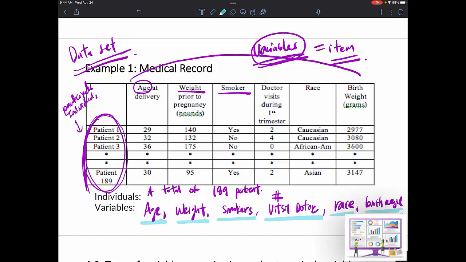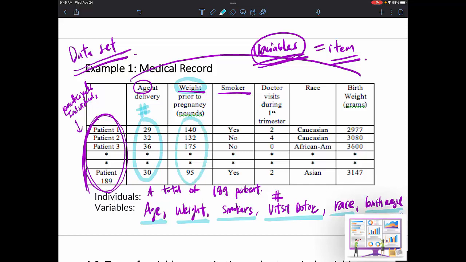Let me hold up for a second. When you describe age, it's a number, right? The pregnant woman is 29 years old and she gave birth. Patient number 2 was 32 years old when she gave birth. So the age, definitely it is a number. How about the weight? It is also a number. She has 140 pounds, 132 pounds. So these are also numbers.